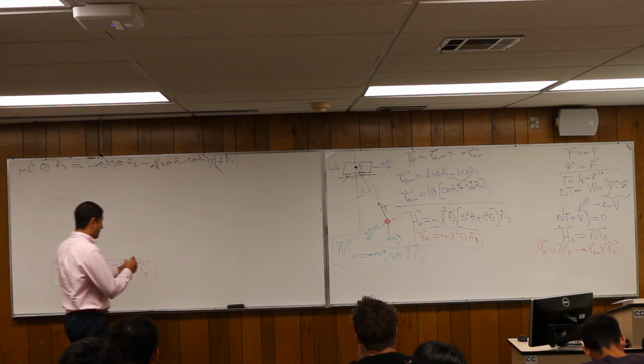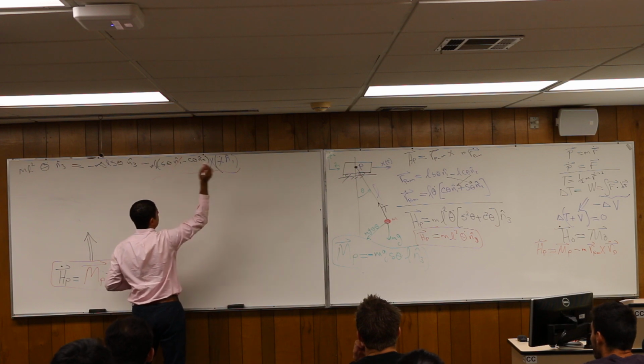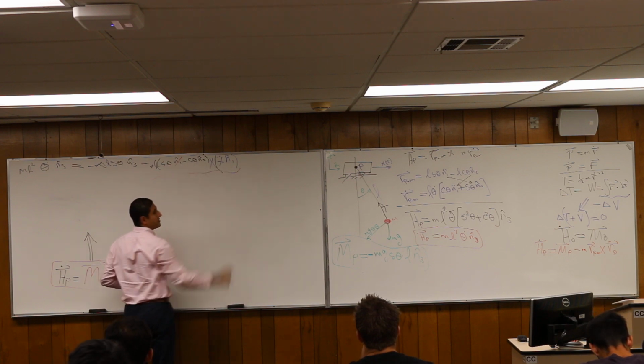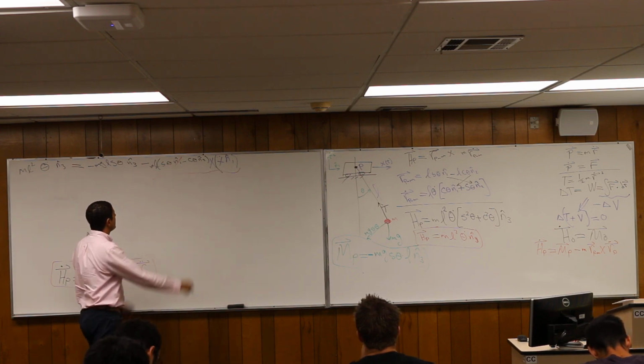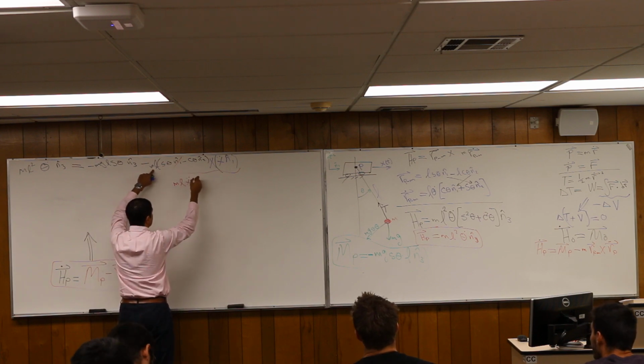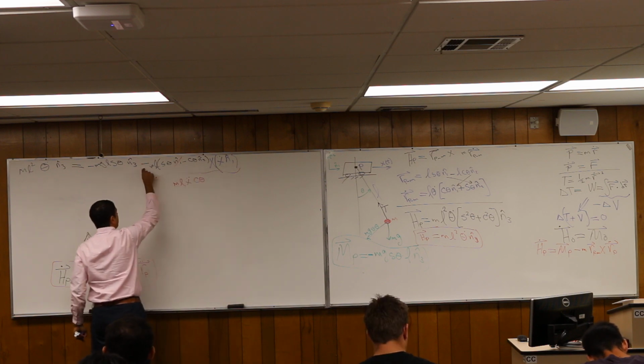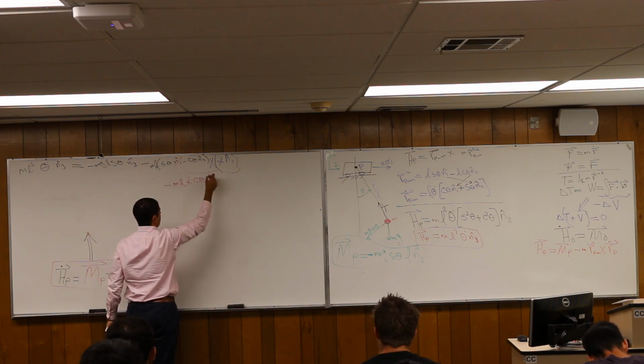Okay, let's do this term. This is easy. N1 cross N1 is 0. N2 cross N1 is negative N3. So we have ML x double dot cosine theta, negative N3, negative, negative. So I have all negative N3.